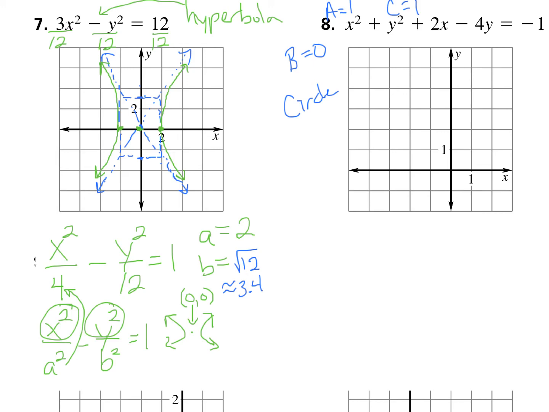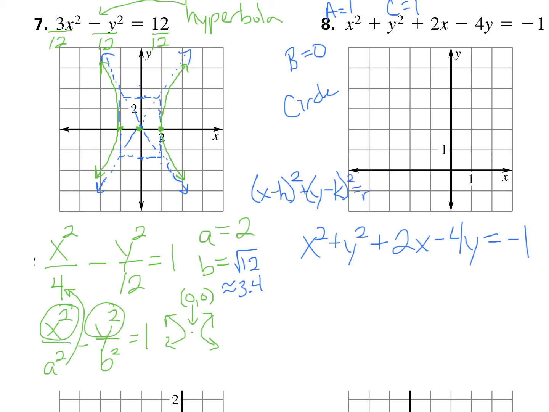So right away I know that this is a circle, so I'm going to rewrite it in standard form. So we've got x squared plus y squared plus 2x minus 4y equals -1. And what I have to do now is complete the square for both the x term and the y term, because remember my formula for a circle looks like x minus h squared plus y minus k squared equals r squared, where h and k are the center and r is the radius.